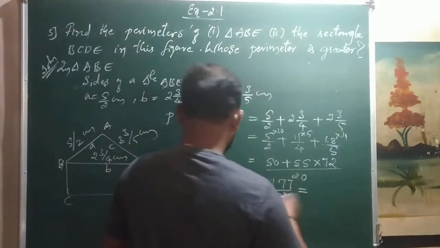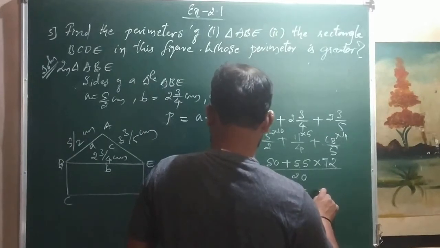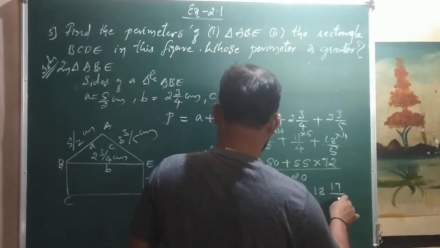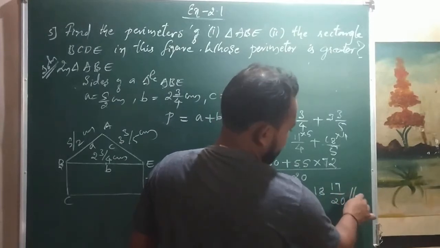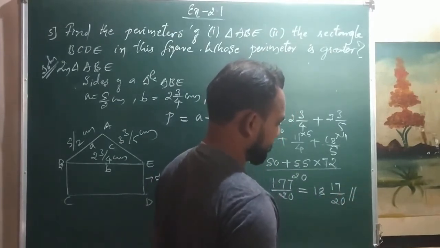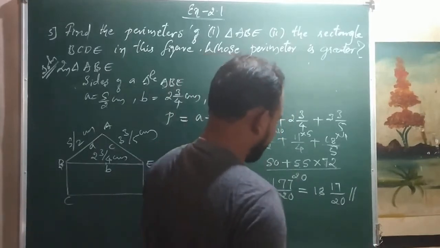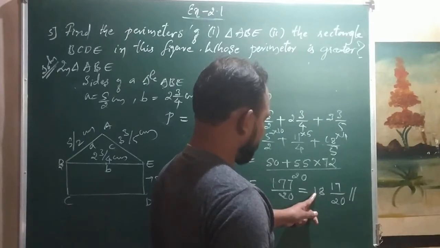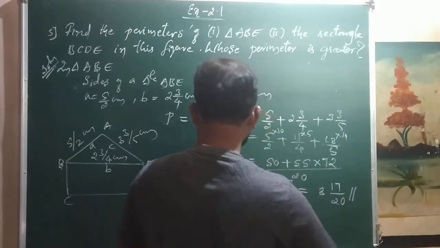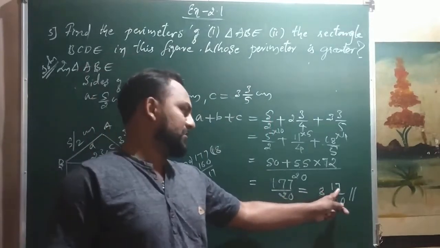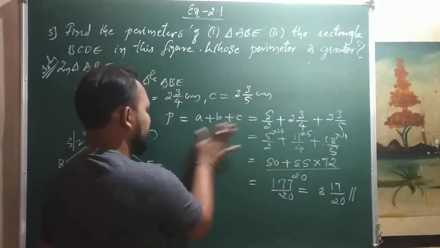It means here 18 17 and 20. Here 2 8s are 160, 160 plus 17 is 177.